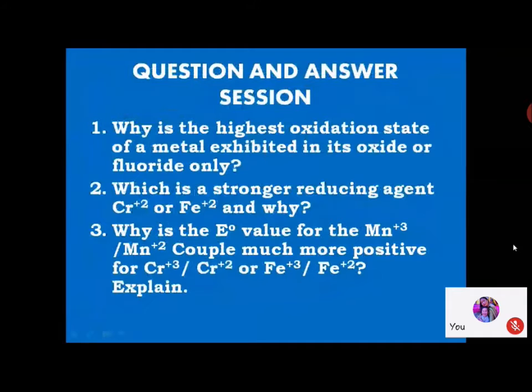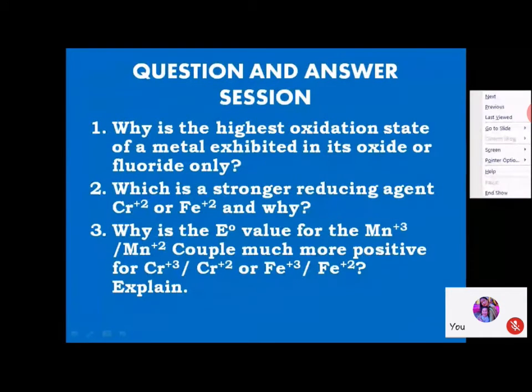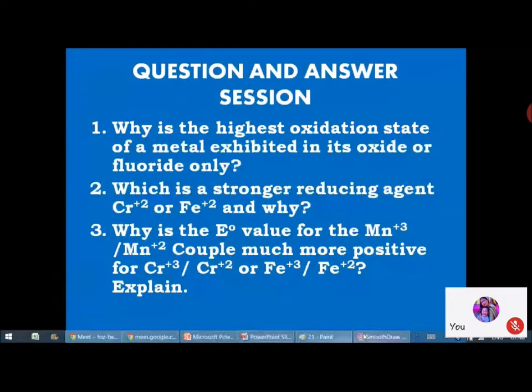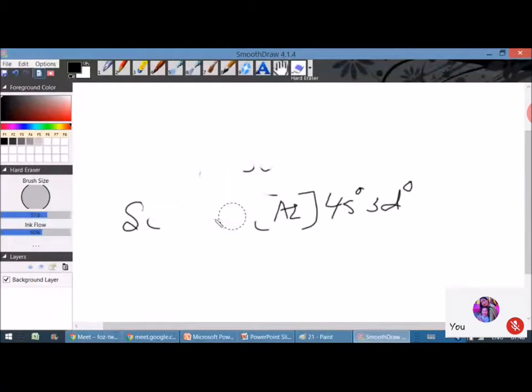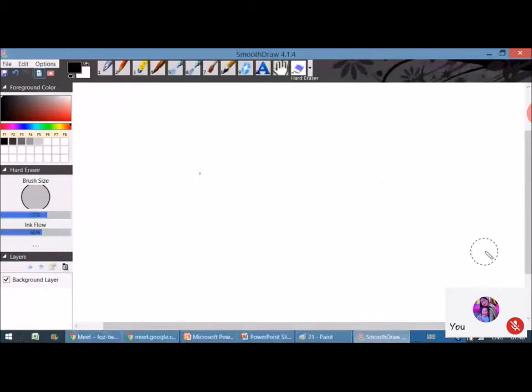For this, draw the electronic configuration of copper. Copper, atomic number 29, has configuration 4s1 3d10.